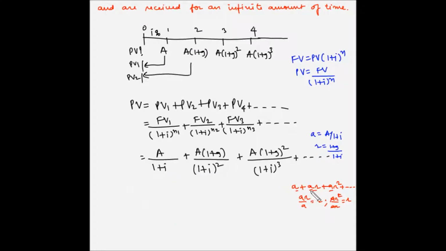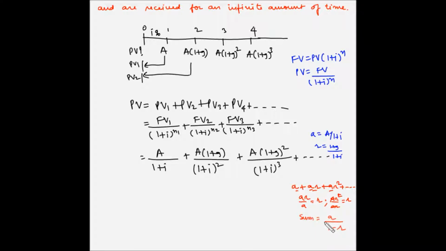I have written down these two here. So for a geometric series like a plus ar plus ar square and so on, which is infinitely large, the sum is given as a divided by (1 - r), where a is the first number of the series and r is the ratio of two consecutive numbers.